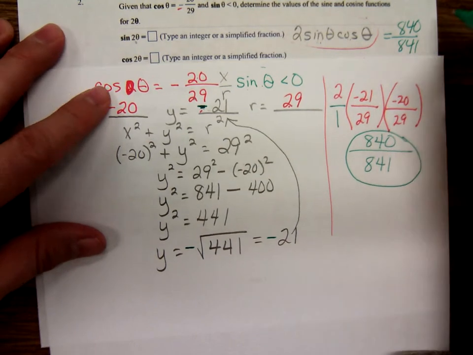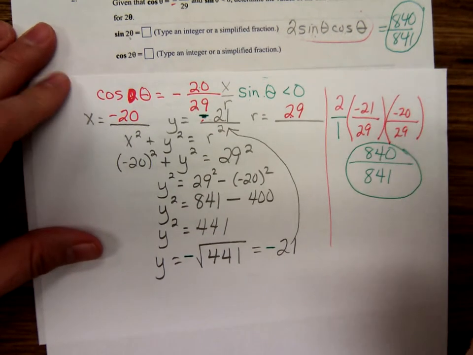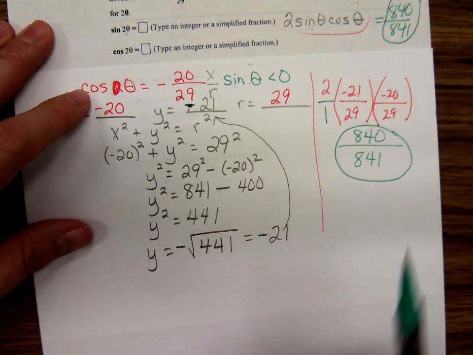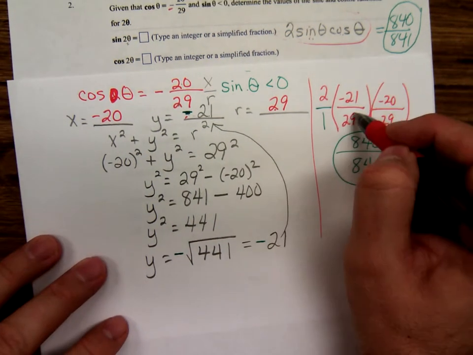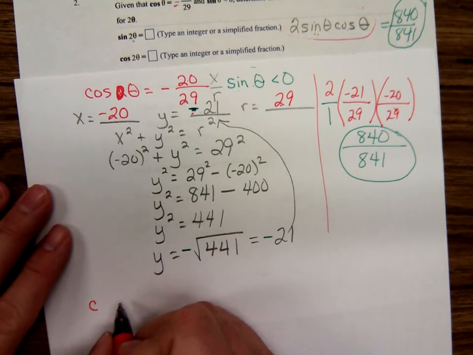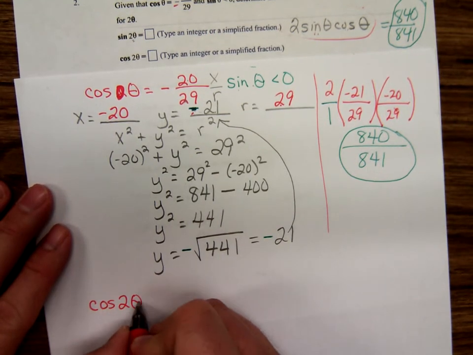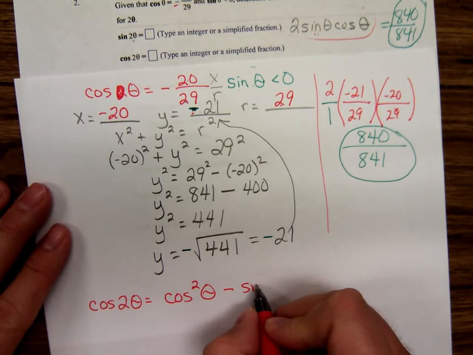And you think, oh no, we're only halfway finished. Actually, we're more than halfway finished. To find cosine 2 theta, there are 3 double angle identities you could use for cosine. Since we already know sine theta and cosine theta, for cosine 2 theta I'm going to write it as cosine squared theta minus sine squared theta.